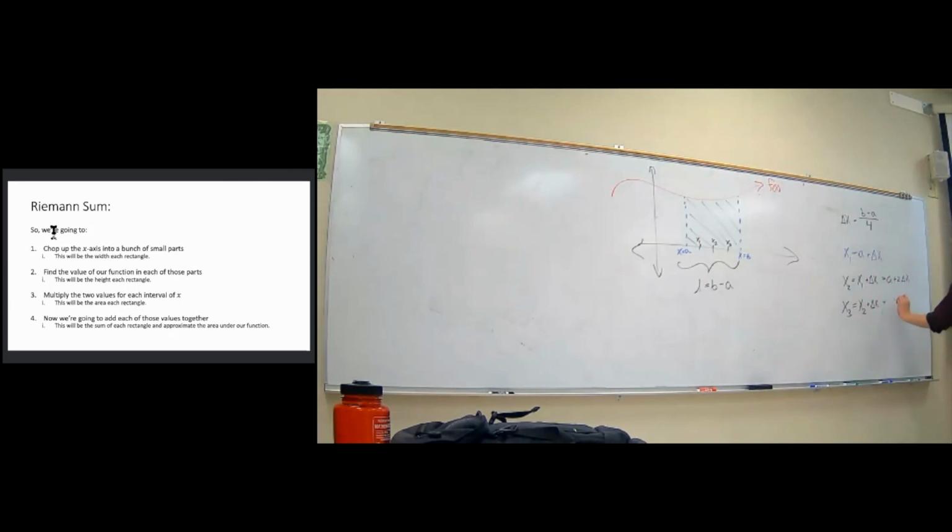Well, that's equal to A plus 3 delta x. And B is equal to x3 plus delta x, or A plus 4 delta x. Now, really quickly, let's notice what A is equal to. A is just A plus 0 delta x, right?